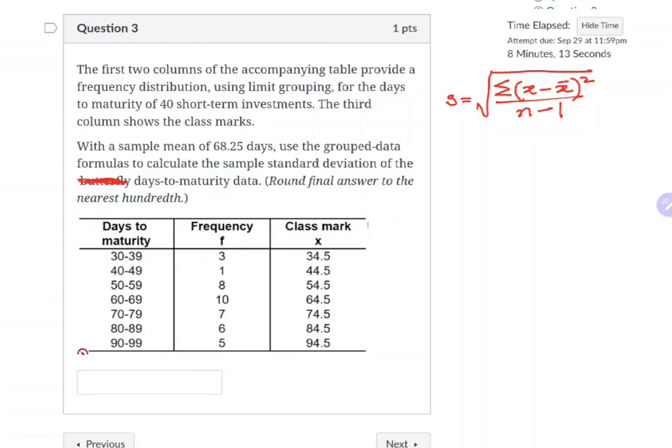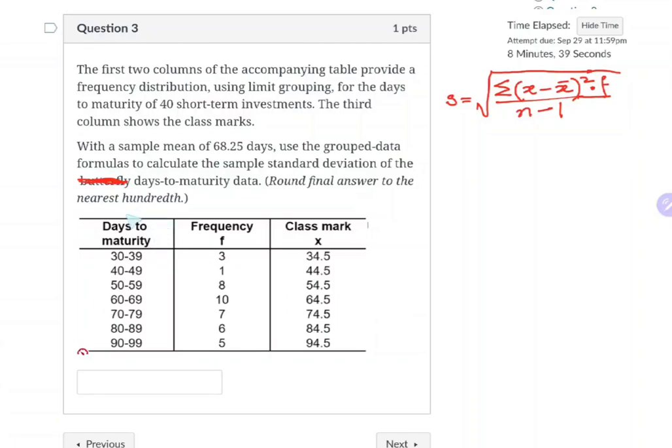Please look it up. It'll say that you have to multiply the numerator by f, and the denominator is sigma f minus 1. I'll keep this times f, the frequency, and let me just walk you through it a little bit without solving the problem for you.